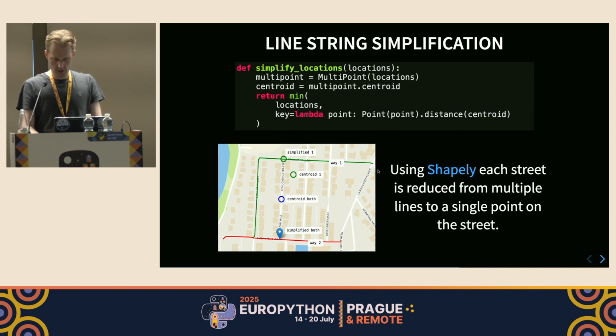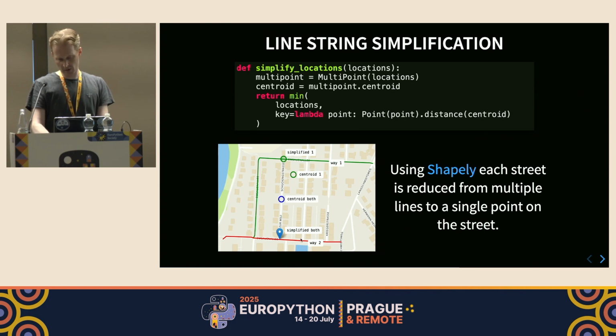In this example, you can see the Emsauenallee consisting of two ways. First, I created a centroid of the green segment here, looked for the point on the street, the node on the street, which is closest to that centroid, and then took this as the simplified point for this part of the street.